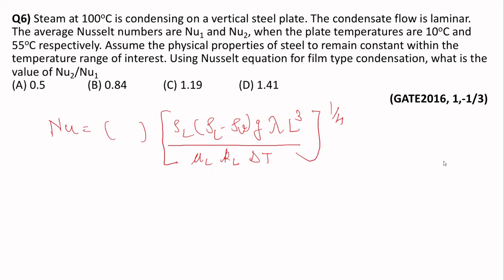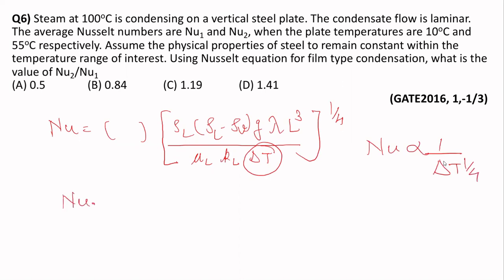It has been given that all the properties remain constant. So the only change is with delta T, and from here we can straight away see that Nusselt number is inversely proportional to delta T to the power 1/4.